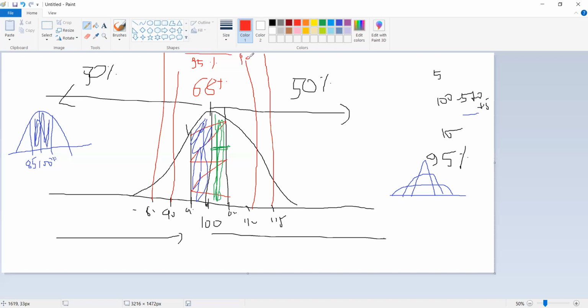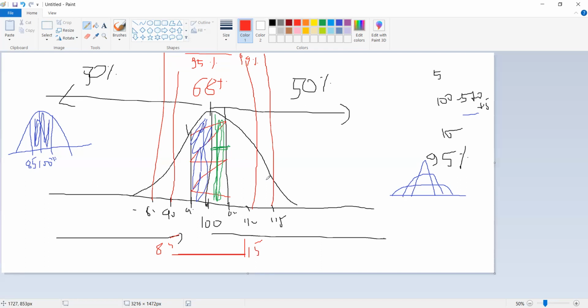That means mean minus 3 times standard deviation and mean plus 3 times. You have 5, so 100 minus 15 is 85, so from 85 to 115. So this much will have 99% of the data set, 99% of the area.